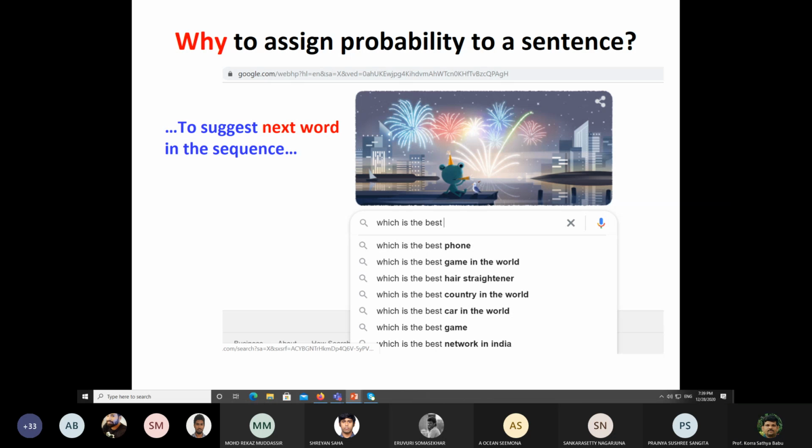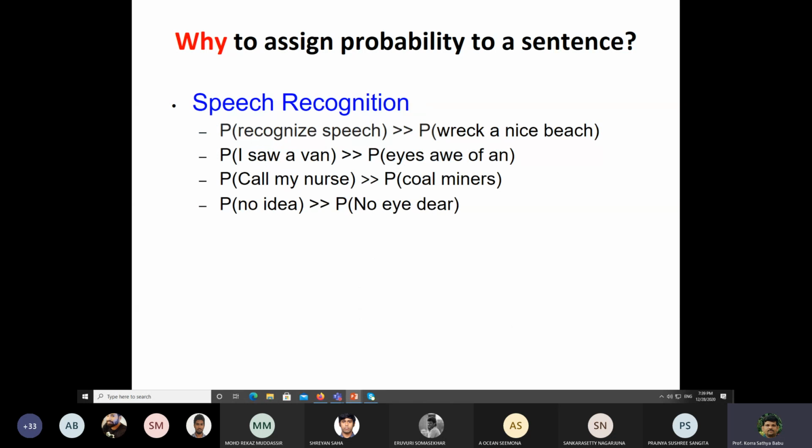Similarly, when you are speaking something, in terms of speech recognition, if you take into consideration that somebody is speaking, here also we can say that the probabilities will play a bigger role. As I said earlier, I have told you some homonyms.